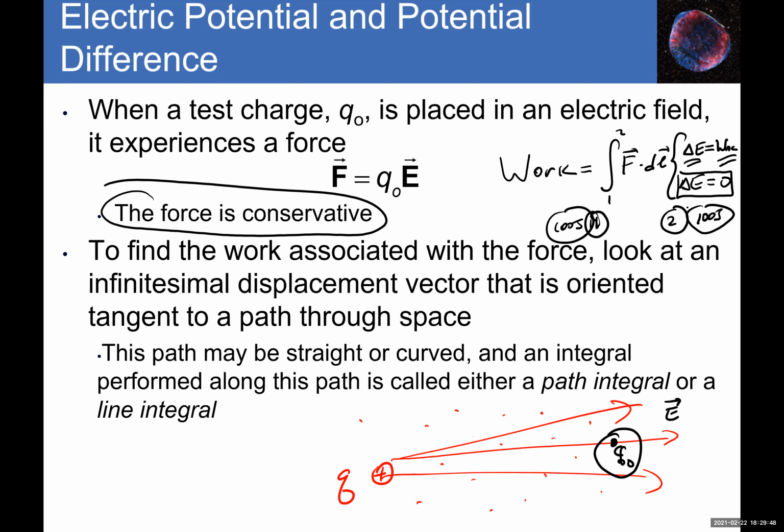Then what's the usefulness of the work done by the conservative force if it's not changing the energy? Well, it's a very useful concept. Work done by conservative forces goes into changing the type of energy that we have.